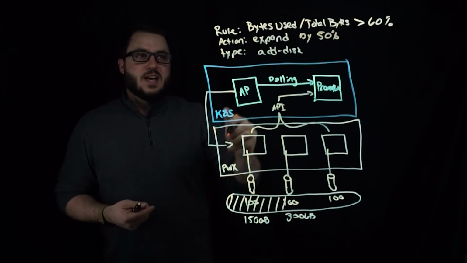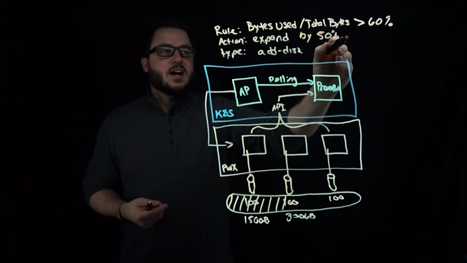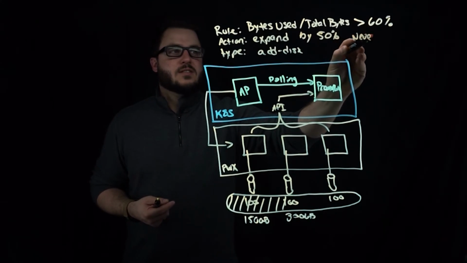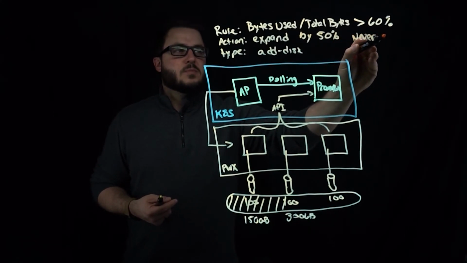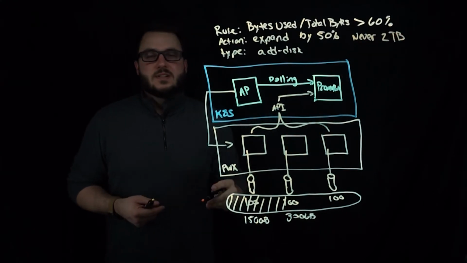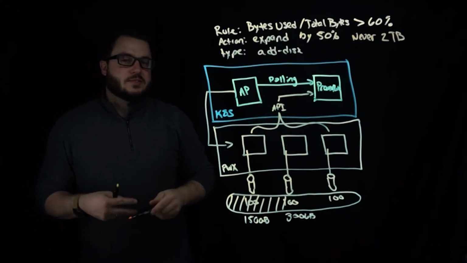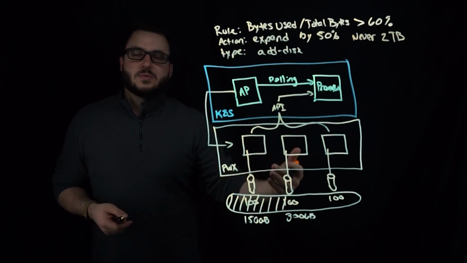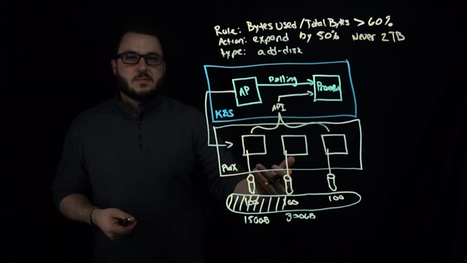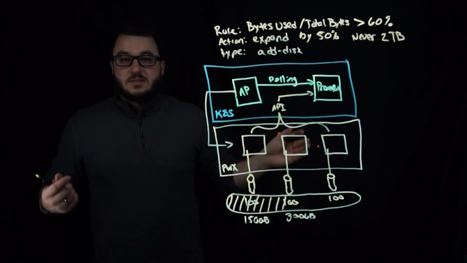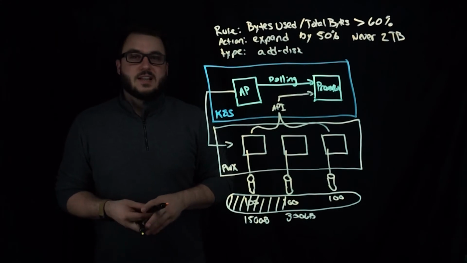But you can also say never more than, say, 2 terabytes per pool. So say that you have a cost limitation: we can allow this rule to do something automated, but we don't want it to blatantly start expanding if there's a rogue process using a lot of data.